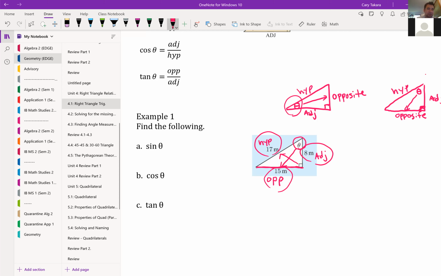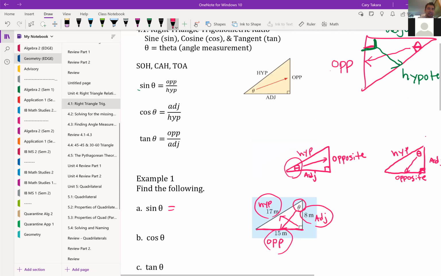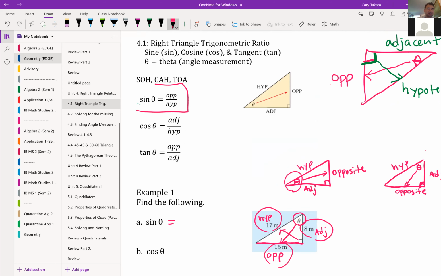And if I ask you, what is the sine of theta? Now here is the ratio, what's called a trigonometric ratio. Sine, spelled s-i-n-e, is defined as opposite over hypotenuse.